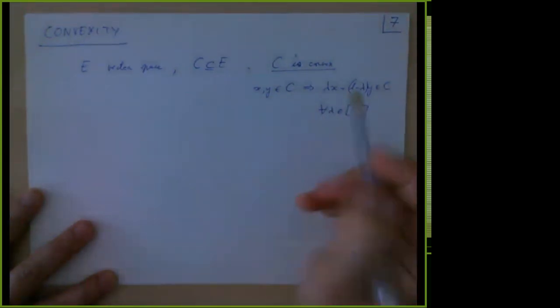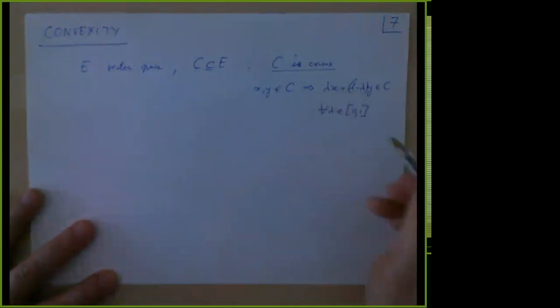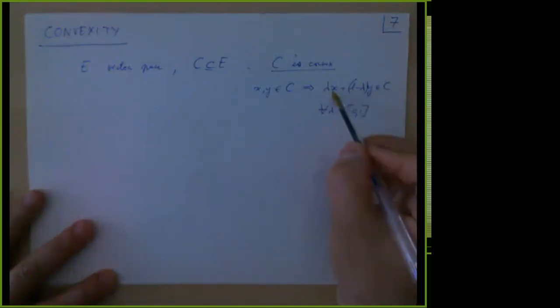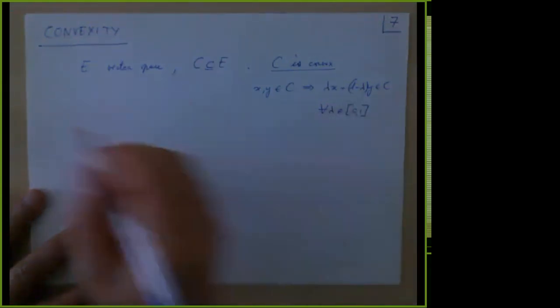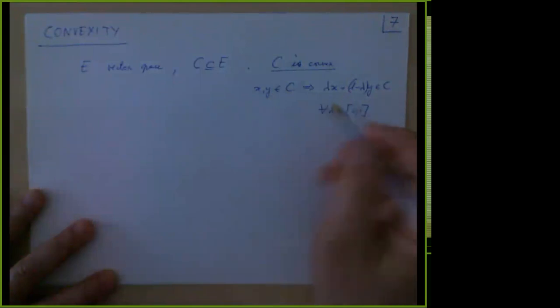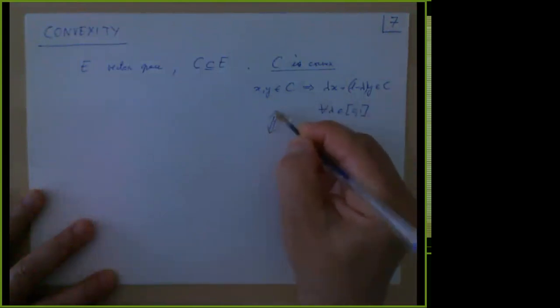This is exactly the same as saying that the whole segment joining x and y belongs to the set C. And I hope that you have seen convexity already in some undergraduate courses. And I would suggest you to check that this is true if and only if.